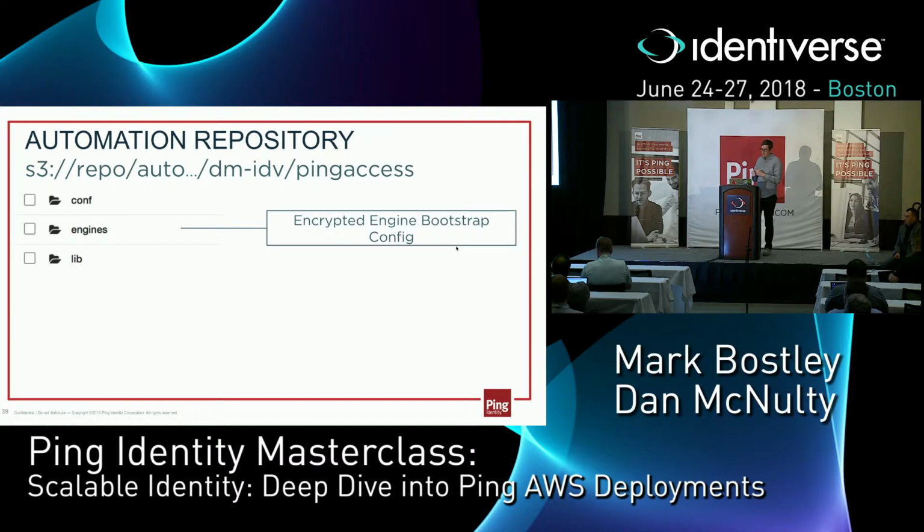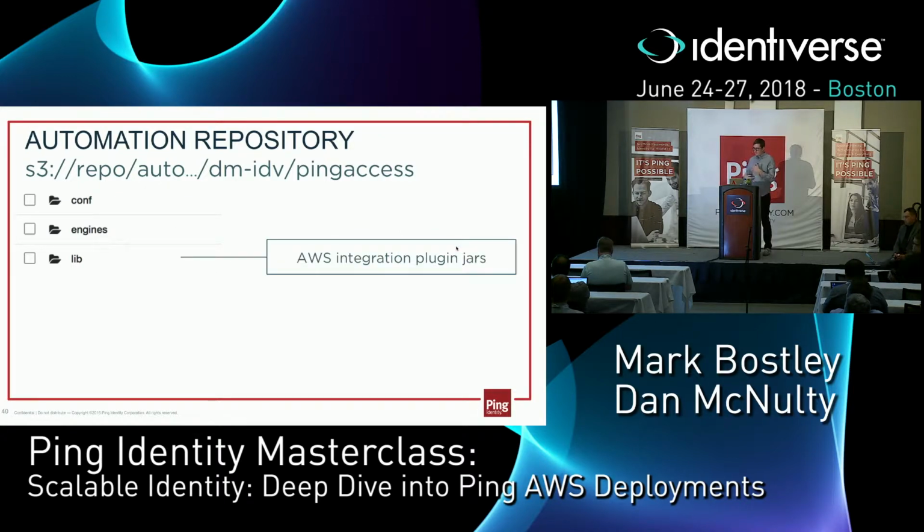It then turns around and places that bootstrap file in this S3 bucket at this location, using another subdirectory within the engines directory using a conventional name. So when the engine spins up, it knows, okay, I'm going to go look at the S3 bucket in a particular spot to pull down my engine bootstrap config. It then reads that, and then it knows exactly how to talk to the admin and authenticate to it. And then this last directory here, this is just some jars that are doing integration with AWS.